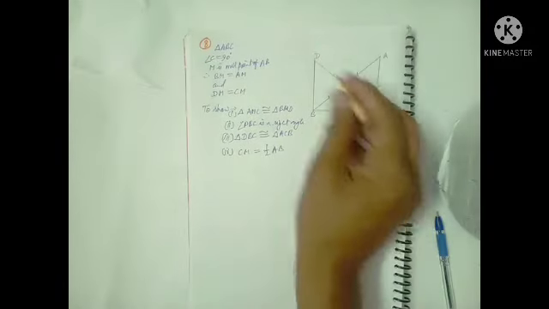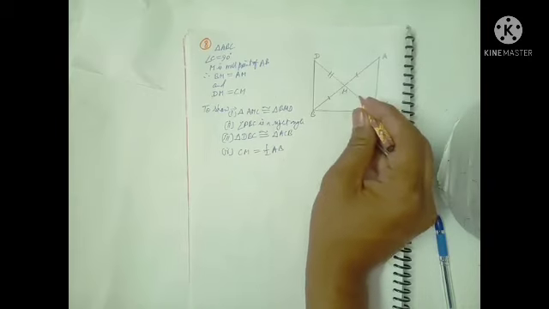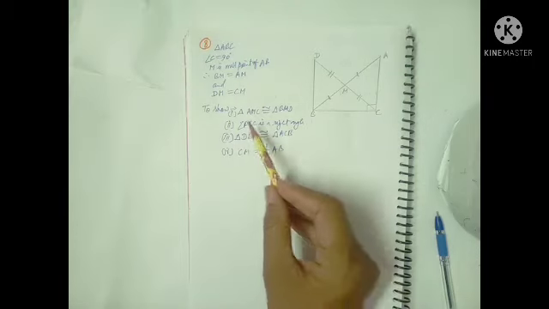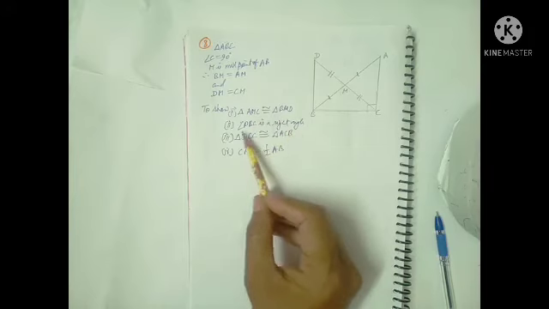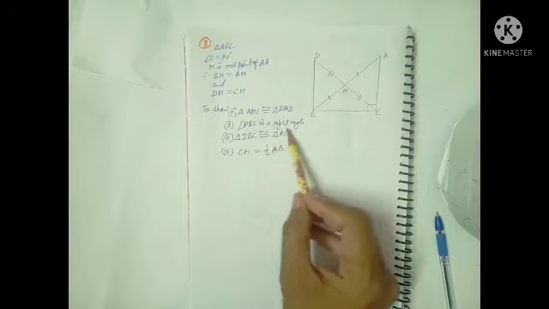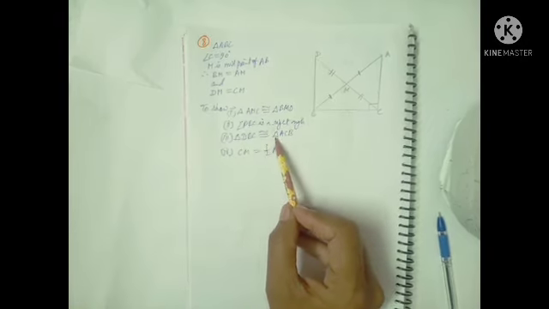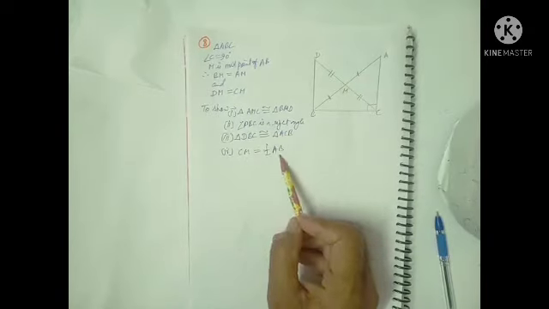Also, M is the midpoint of DC by producing, so DM is equal to CM. Here we have to prove 4 parts: triangle AMC is congruent to triangle BMD, angle DBC is a right angle, triangle DBC is congruent to triangle ACB, and CM is half of AB.